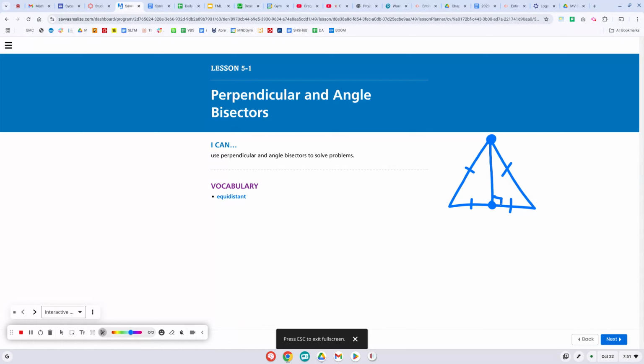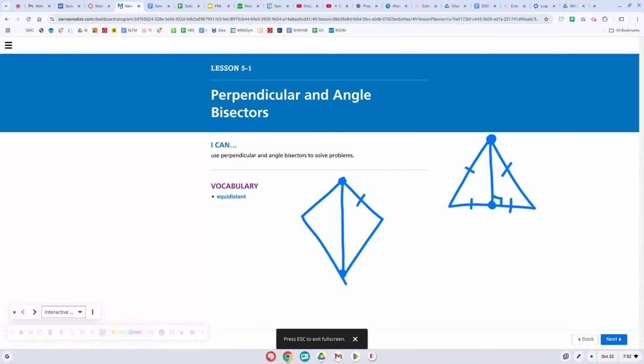Another one looks like a kite. If you have something that looks like this, then you know that segment has been perpendicularly bisected. Okay, I should get my right angle there.